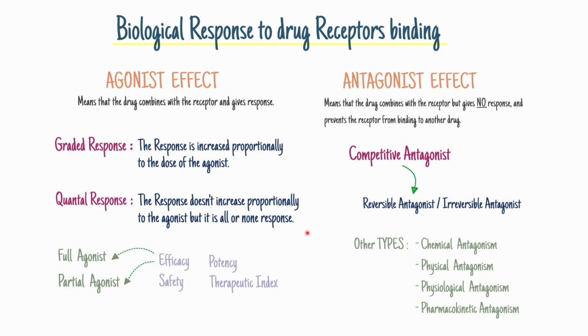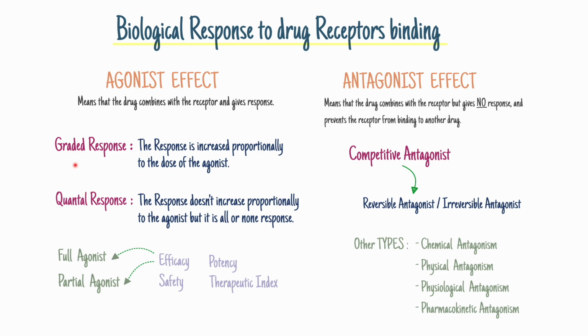And for graded response, the drug that gives 50% of the response is called potent. But for quantal response, because we know quantal response is all or none, it's not about the effect same as in graded response.